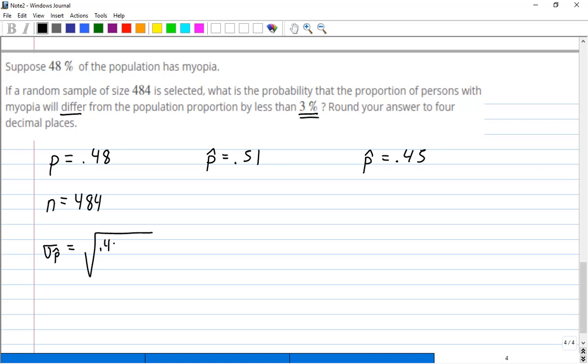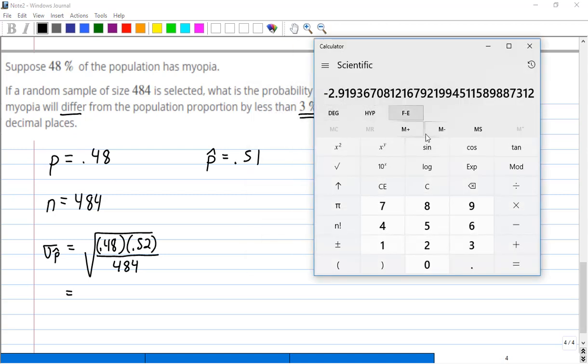So it's 0.48 times 1 minus 0.48 is 0.52 divided by 484. And I'm going to do that in a calculator and take it out to a bunch of places. Don't forget to take the square root after you get your values underneath.